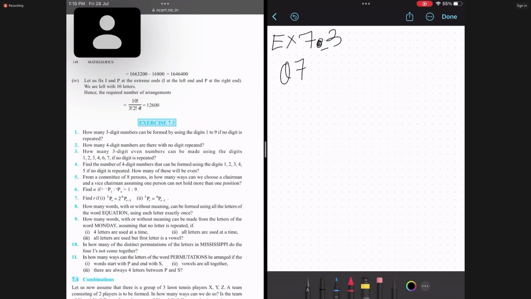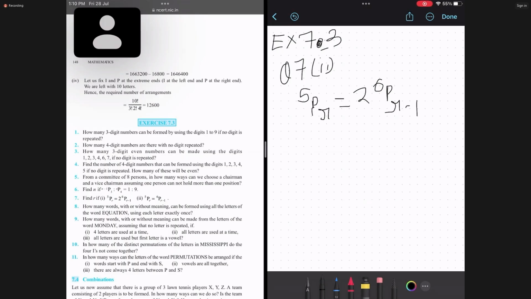In both the parts you have to find r. For the first part, the question that has been given to us is 5pr equals 6p(r minus 1), and we need to solve this for r.